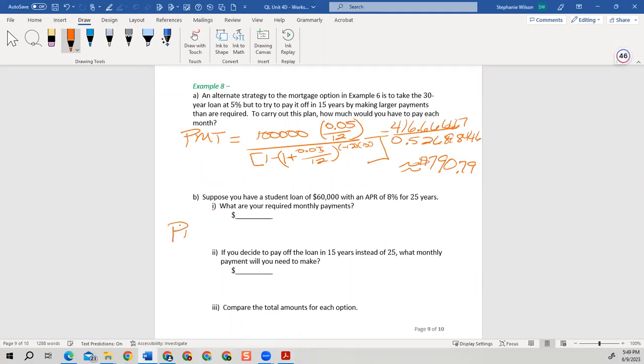So we have PMT equals 60,000 times 0.08 divided by 12, because we are talking about monthly payments, over 1 minus 1 plus that fraction, all raised to a negative 12 times 25. And I typed it in my calculator.